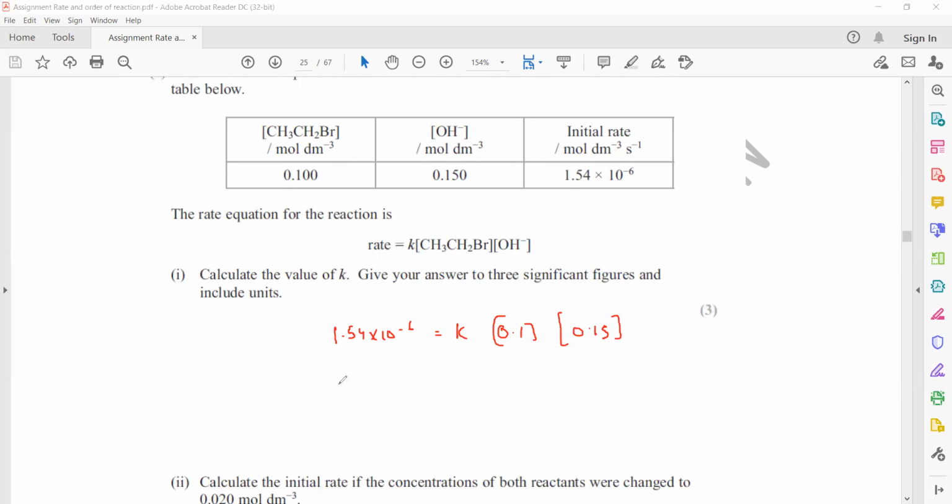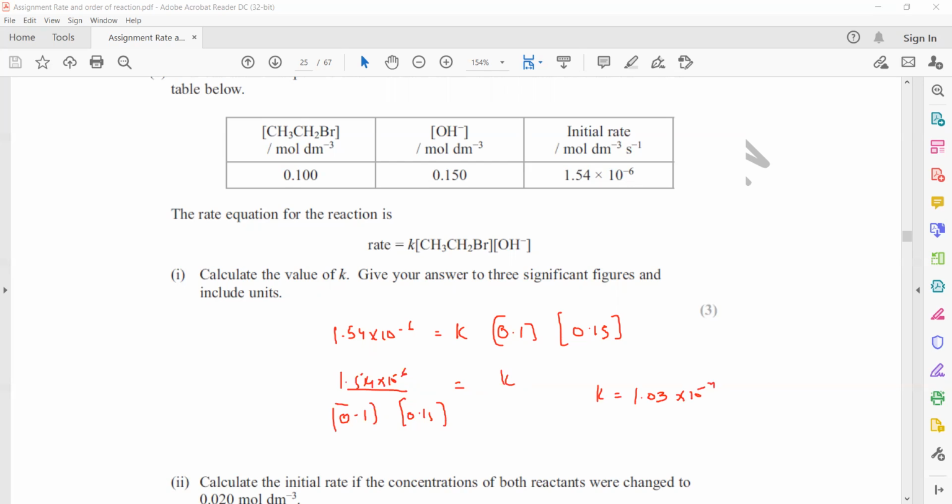This is multiplied, so the other side will divide: 1.54 into 10 power minus 6 divided by 0.1 into 0.15. So this will give us the value of K, which is 1.03 into 10 to the power minus 4.